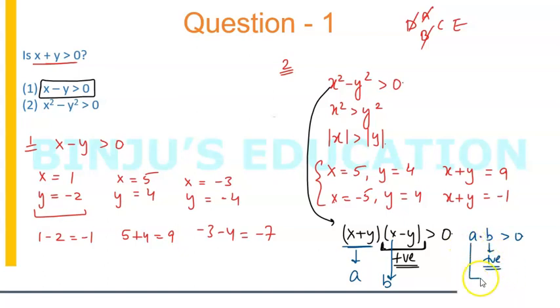Can I say in that case a has to be positive? Which means x plus y has to be positive. So do we have a definite conclusion using both these statements? Yes, we do. Hence our answer is option number C.